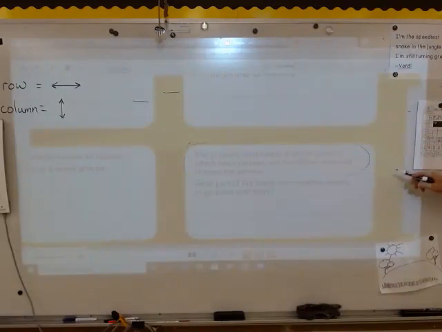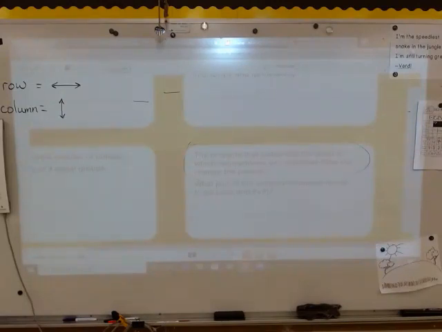But remember, make sure you're writing the accurate words. The property that states that the order in which two numbers are multiplied does not change the product. They should have said the order in which two factors are multiplied, shouldn't they? Use that math word, factors, instead of just numbers. But we'll leave it as numbers.